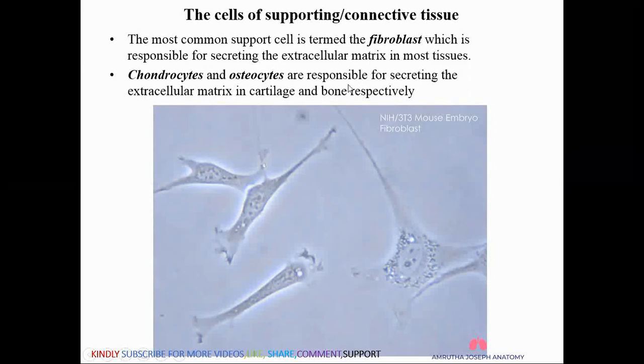But in some cases, like cartilage and bone, which are specialized connective tissue, the cells are called chondrocytes in cartilage and osteocytes in bone. So generally, the cell we can see in a connective tissue is fibroblast.